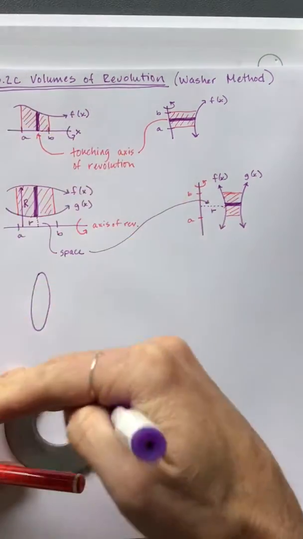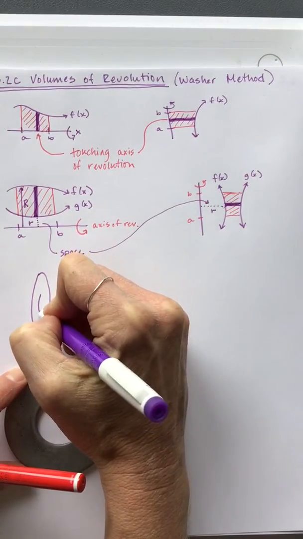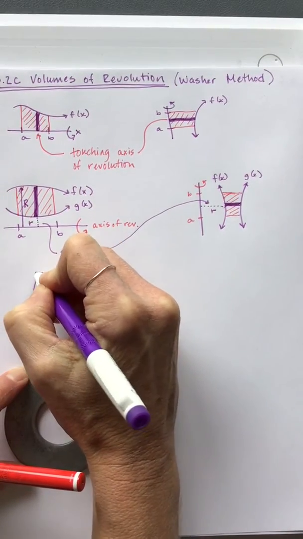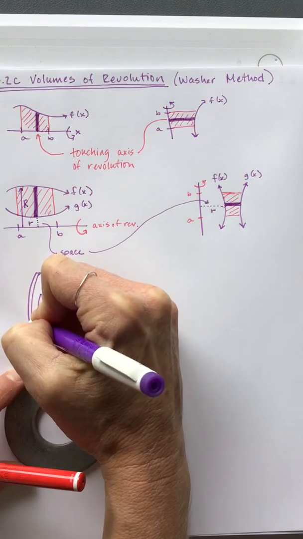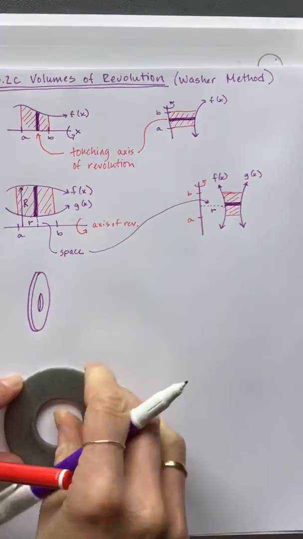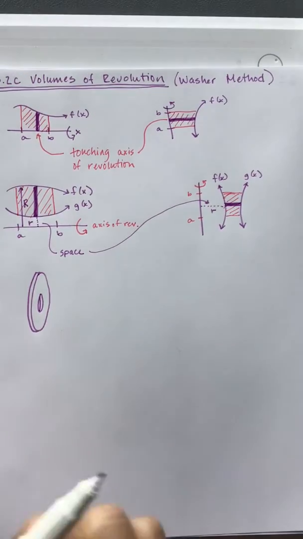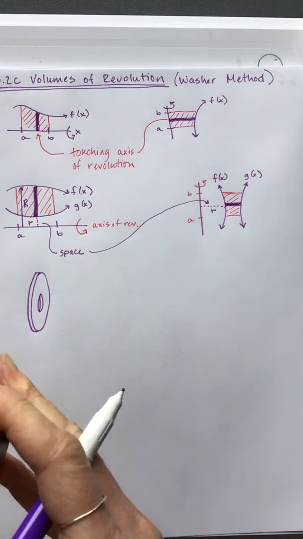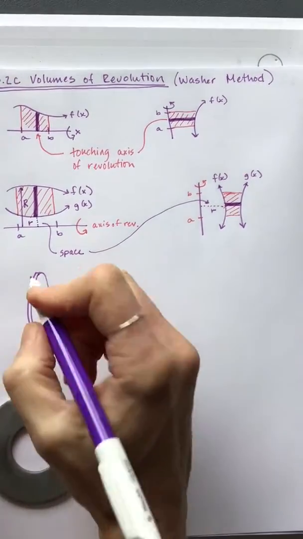When we take that slice and revolve it, you're going to get this washer shape. Now, some people call it a donut. It's not actually a donut because it doesn't have the thickness of a donut. A donut has a nice round shape to it.